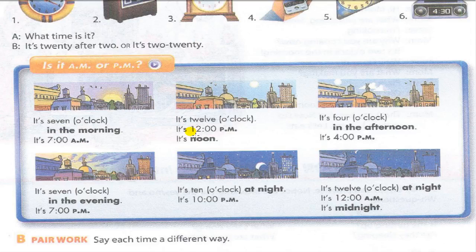It's 12 p.m. It's noon. It's 4 o'clock in the afternoon. It's 4 p.m. It's 7 o'clock in the evening. It's 7 p.m. It's 10 o'clock at night. It's 10 p.m. It's 12 o'clock at night. It's 12 a.m. It's midnight.